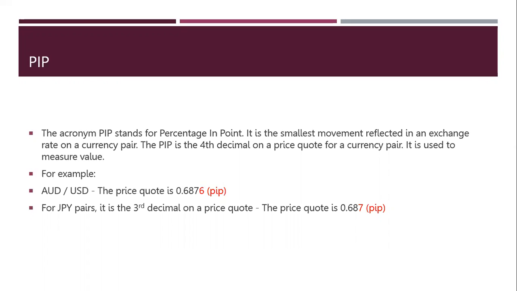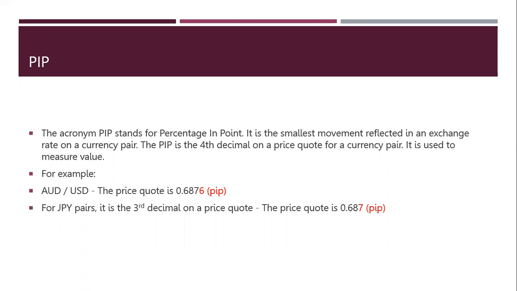It's the fourth decimal on the price quote here, okay? And then for JPY pairs, it is the third decimal on a price quote. So with this one, the price quote would be 0.687, and the PIP would be 7, okay?